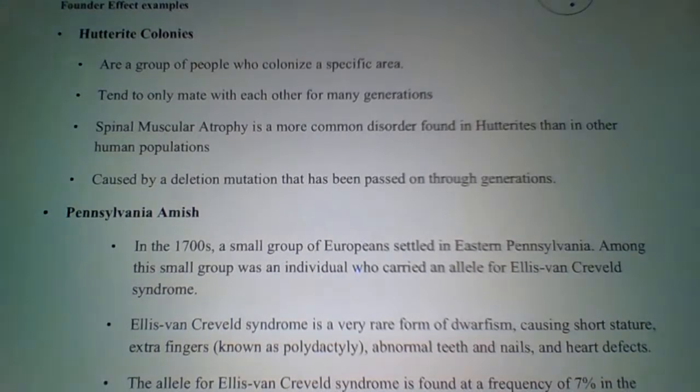And in these groups, they noticed that spinal muscular atrophy is at a much higher genetic frequency than we see in the greater human population, the North American population. And that's because the group is an offshoot from the larger population.